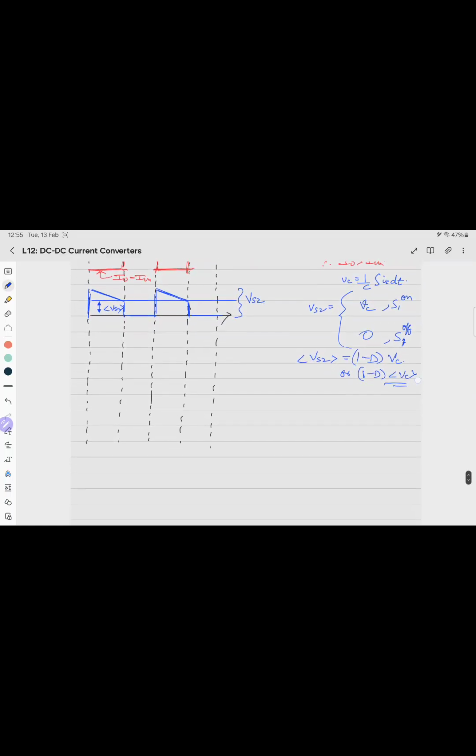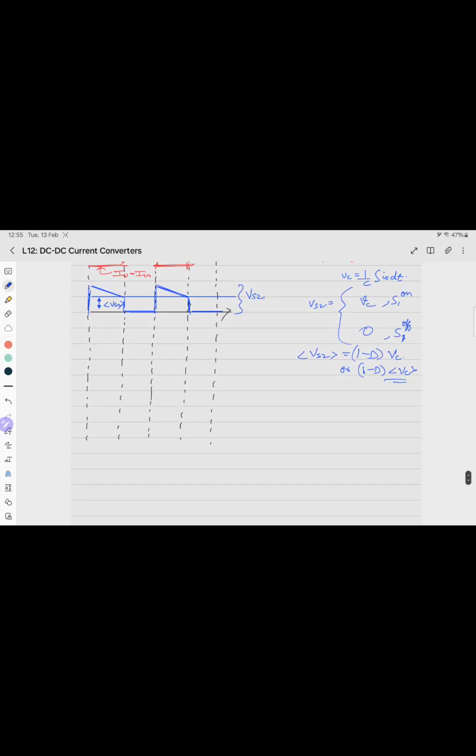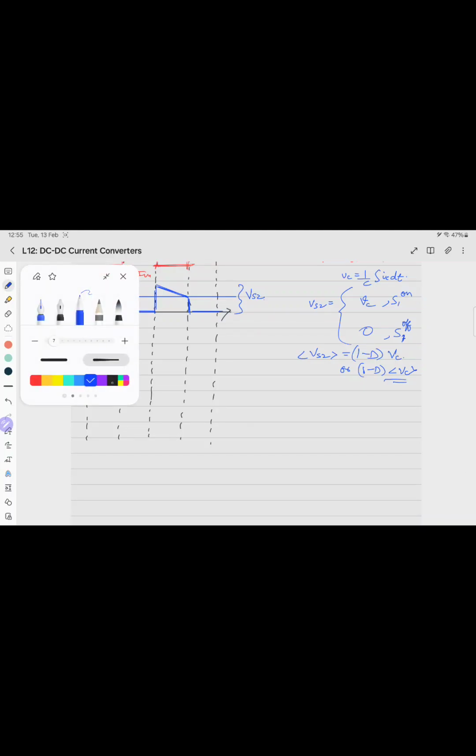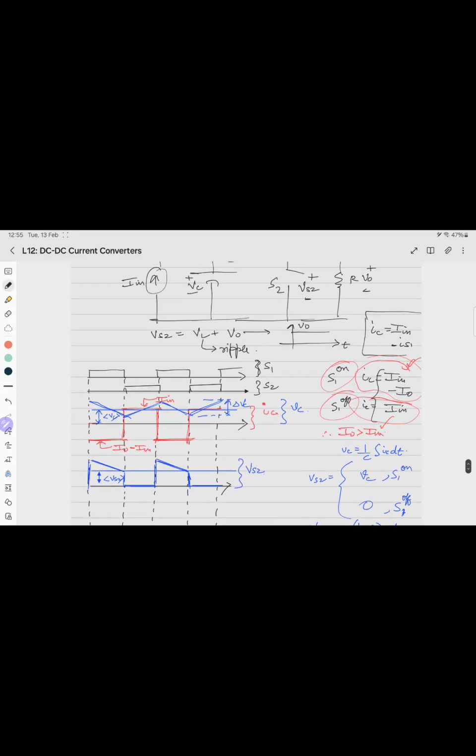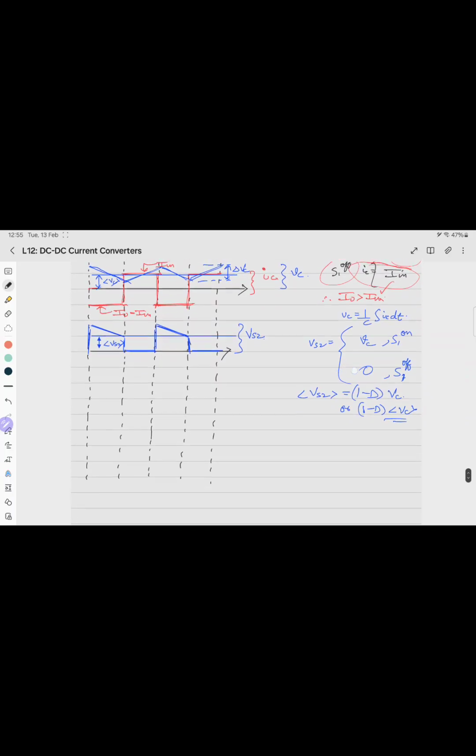This has to be valid. Out of this, the ripple value goes to the inductor, because the inductor is placed in series with the resistor.